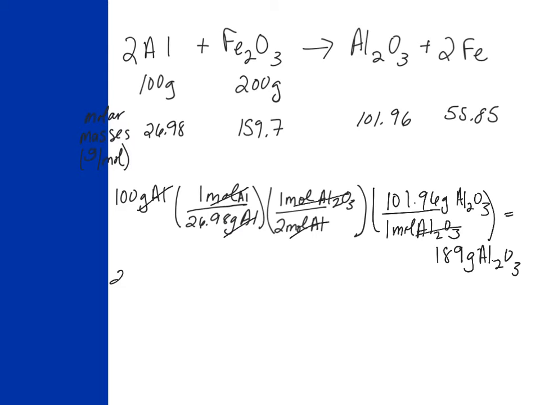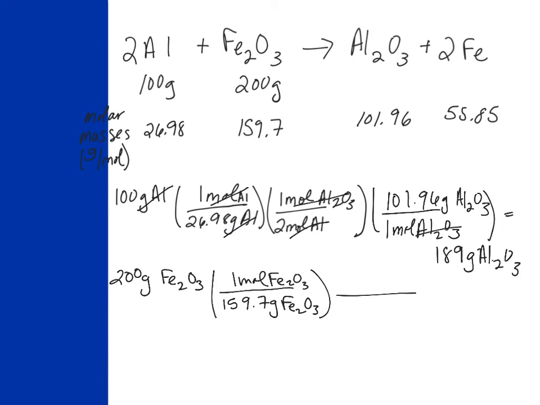So we started off with 200 grams of iron oxide, and again we want grams to cancel out, so we're going to use the molar mass: 159.7 grams of iron oxide in 1 mole. We want moles to cancel out, so we're going to look at our balanced chemical reaction.